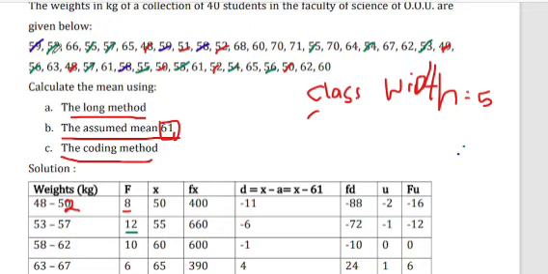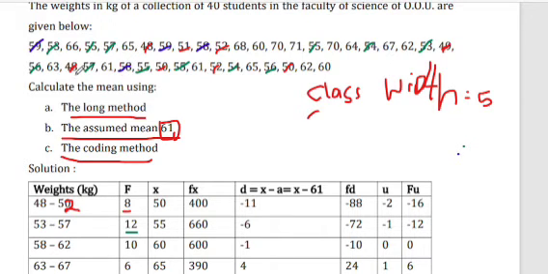Let me check again. 59, 58. Okay. 59. Okay. 58. You have to check it thoroughly so that you don't make mistakes. Okay, let's count. 1, 2, 3, 4.